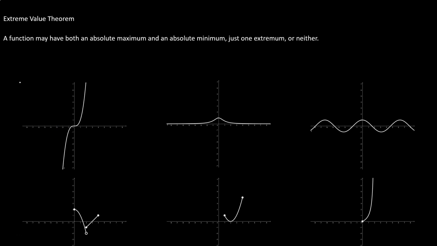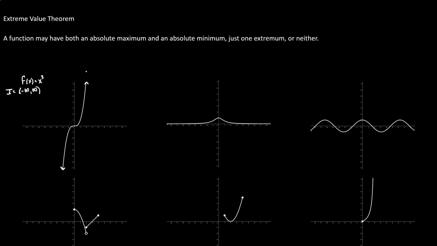On the top left, I have the graph of x cubed. Looking at this function, we can see that it's defined from negative infinity to positive infinity. So the interval we're working on goes from negative infinity to positive infinity. And then looking at our graph, as x gets larger and larger, the function gets larger and larger.